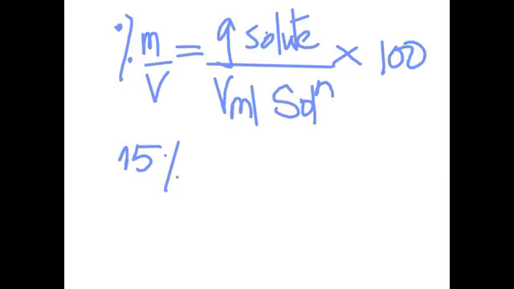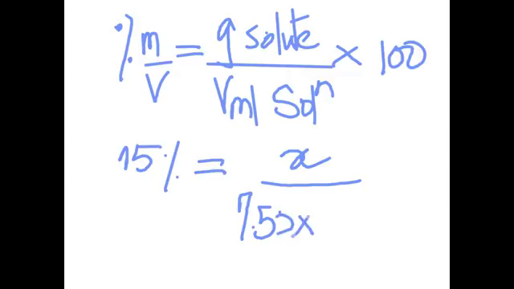So 15% is given, and what you're trying to find, folks, is the grams of solute, X. And you're going to divide that by what was given to you, the volume? 7.50 times 10 to the 2 ml. Do you remember that, folks? Times 100. Yes?